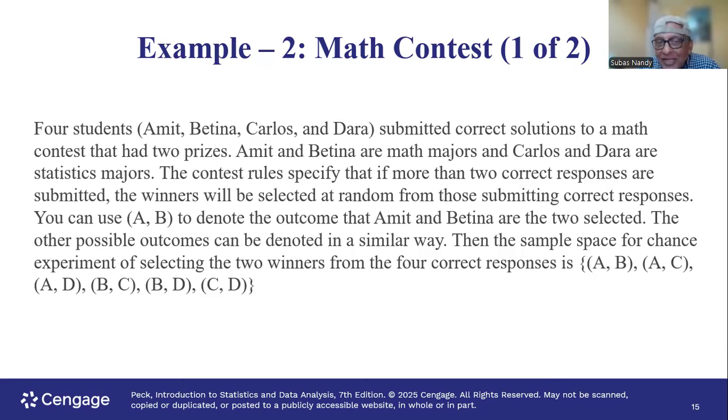Remember, each of these letters indicates the name of one student. So we count the total number of possibilities: AB is 1, then AC 2, and so forth. 1, 2, 3, 4, 5, 6. There are six possible combinations.